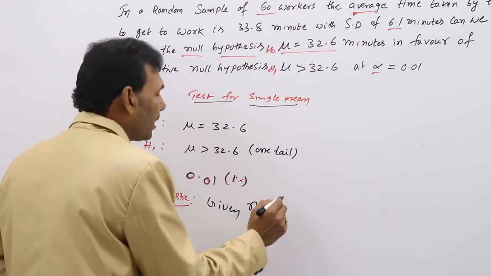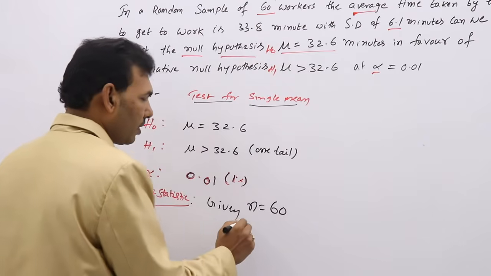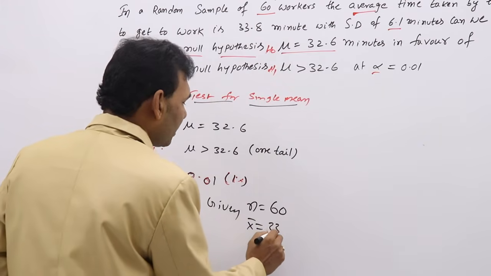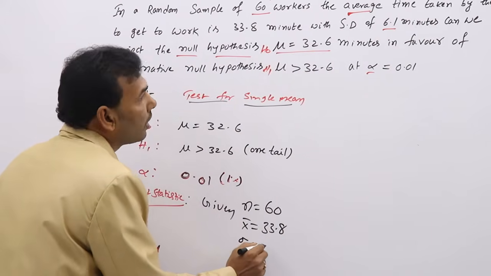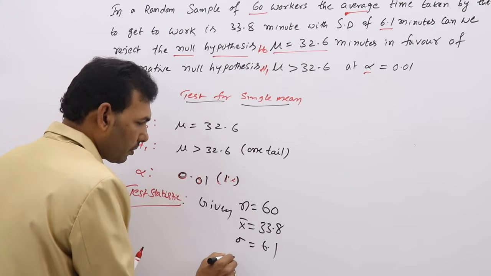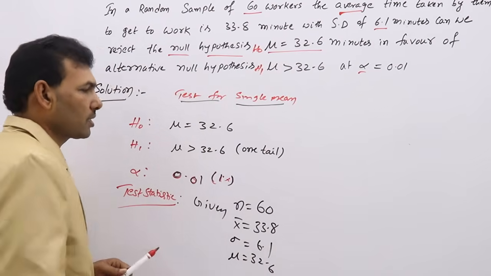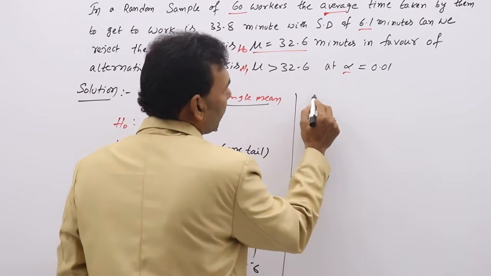Given n is 60, greater than 30. Sample mean X bar is 33.8. Sigma is 6.1. Mu is 32.6.